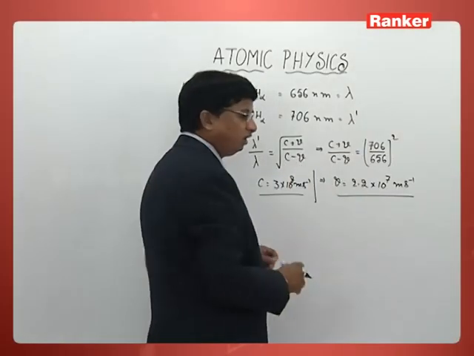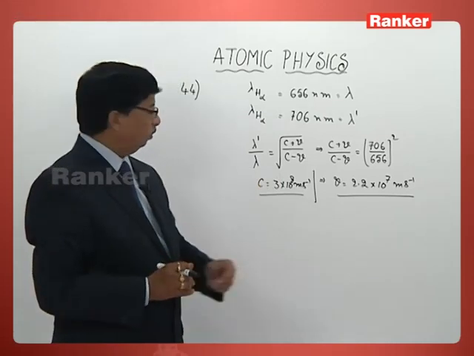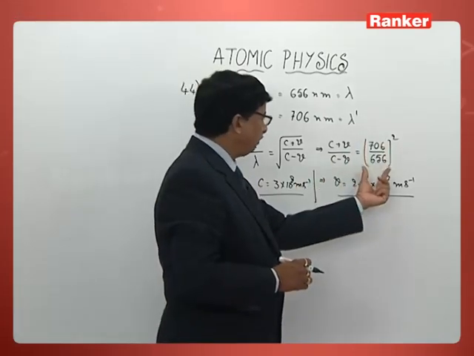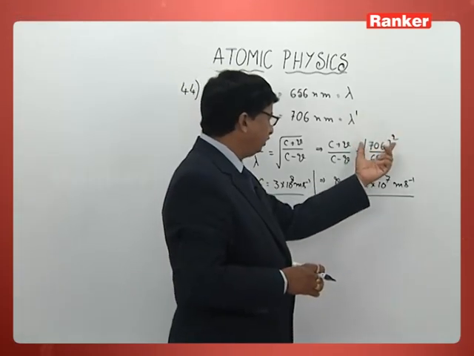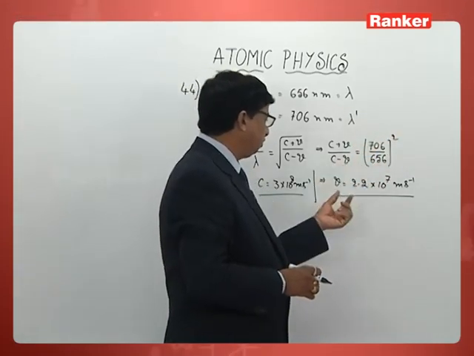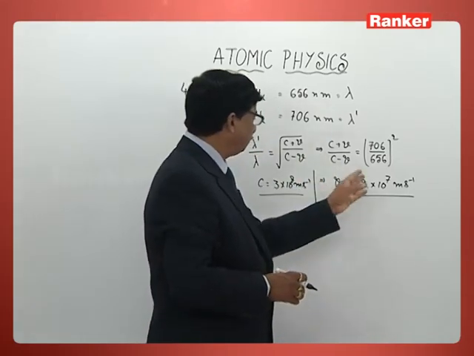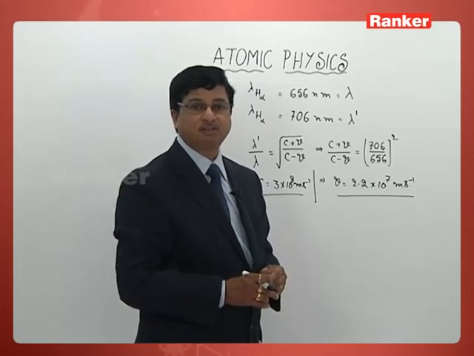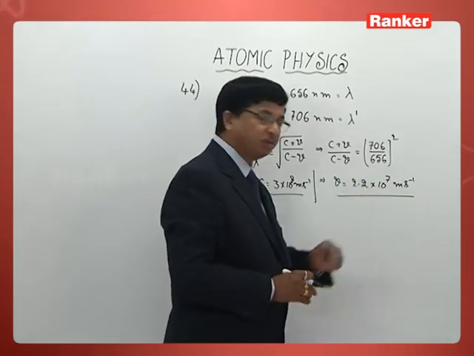This is the velocity of light which is known to every one of us. You just have to simplify 706 over 656 whole square, roughly estimate that, cross multiply, take the value of c and simplify, and you will get v as 2.2 into 10 to the power 7 meter per second.